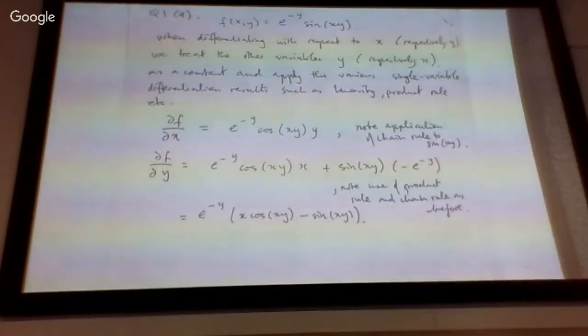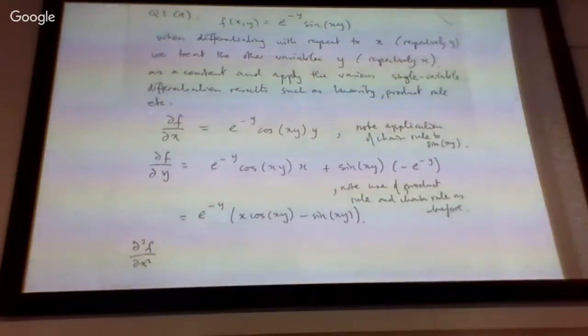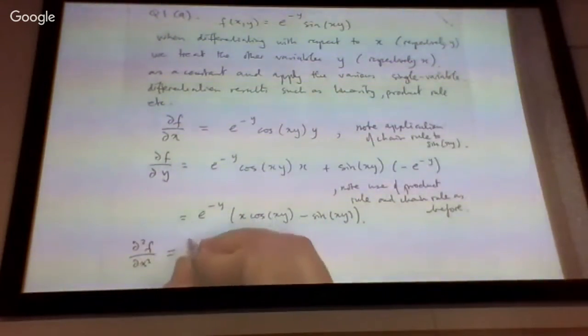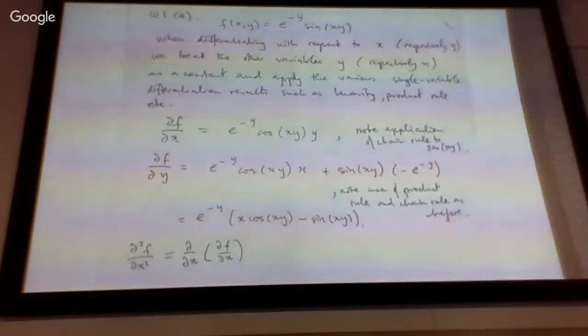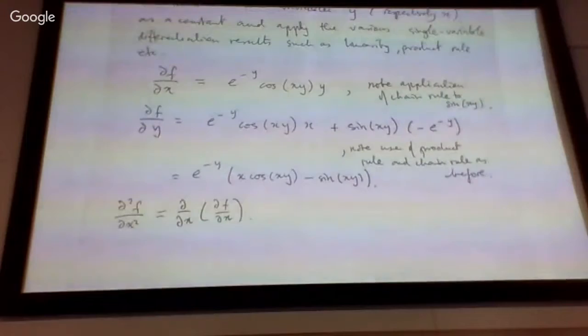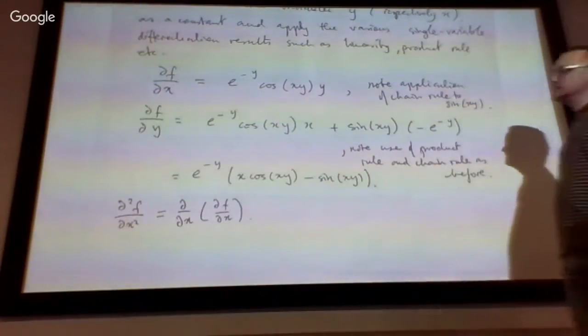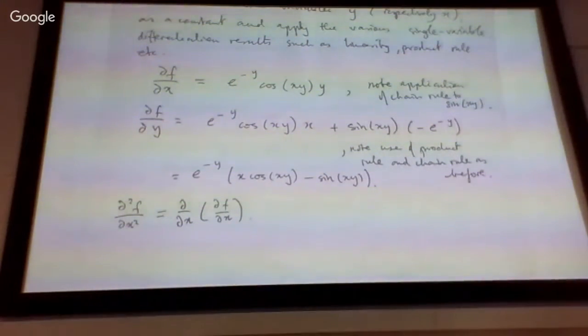Okay, what you want to indicate clearly here is that when you're taking a second derivative with respect to x, there's no harm in indicating your understanding that a second derivative is the first derivative of the first derivative, so it's d/dx of df/dx. So we'll take our expression here and differentiate it again with respect to x.